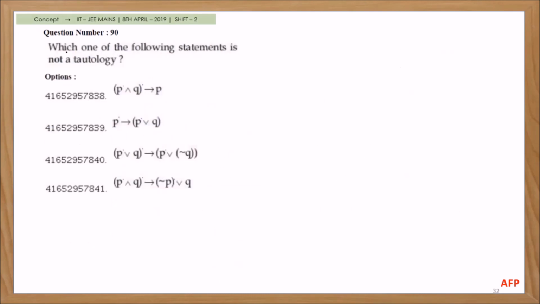Next problem. Which of the following statements is not a tautology? In this case, we shall use the algebraic concept. The first algebraic property is that P or a tautology is always a tautology, and the next one is that P implies Q is equivalent to not P or Q. So these two algebraic statements we shall use to find the tautology.